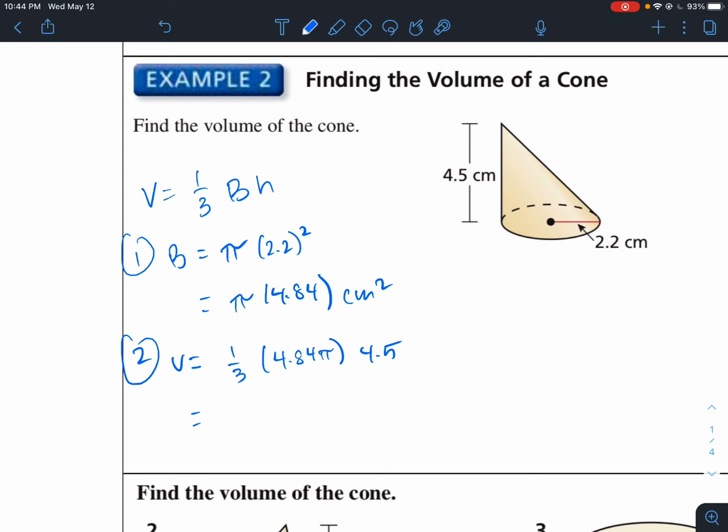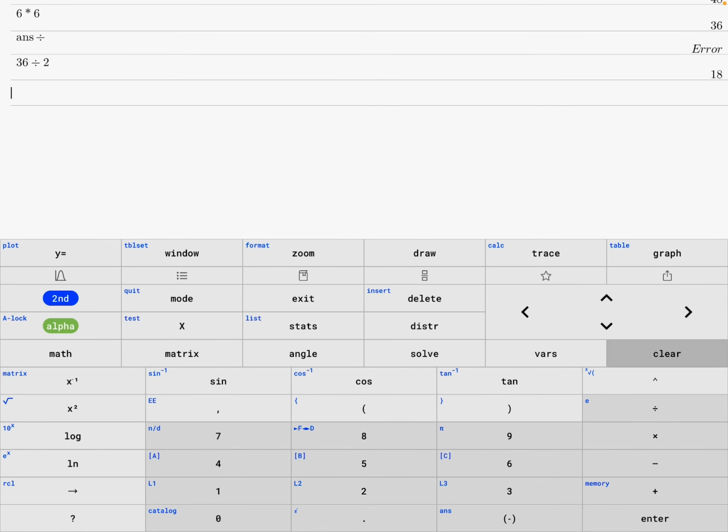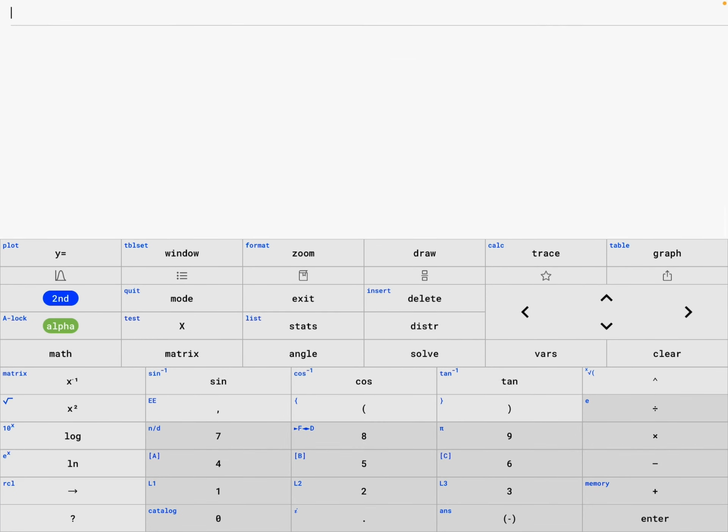If you perform these calculations together, what I'm going to do is take 4.84, multiply that by pi, and then multiply that by 4.5, which is the height.